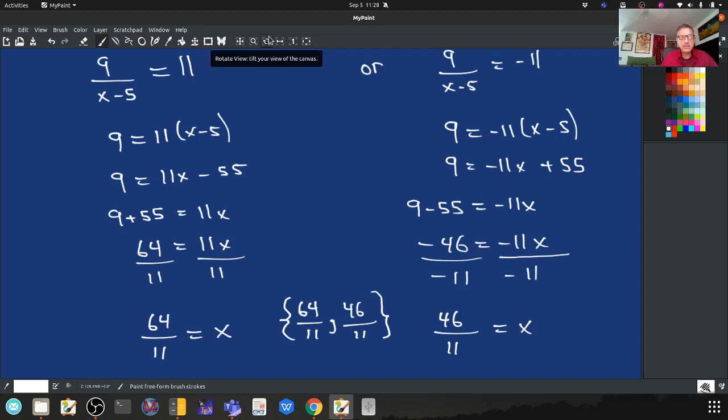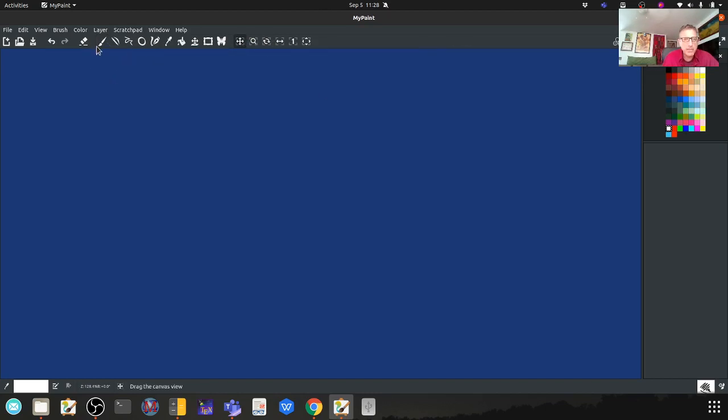And one last problem, and we're done with Part B review. This is problem 33. We have 4 times the absolute value of x minus 4 is greater than 16.